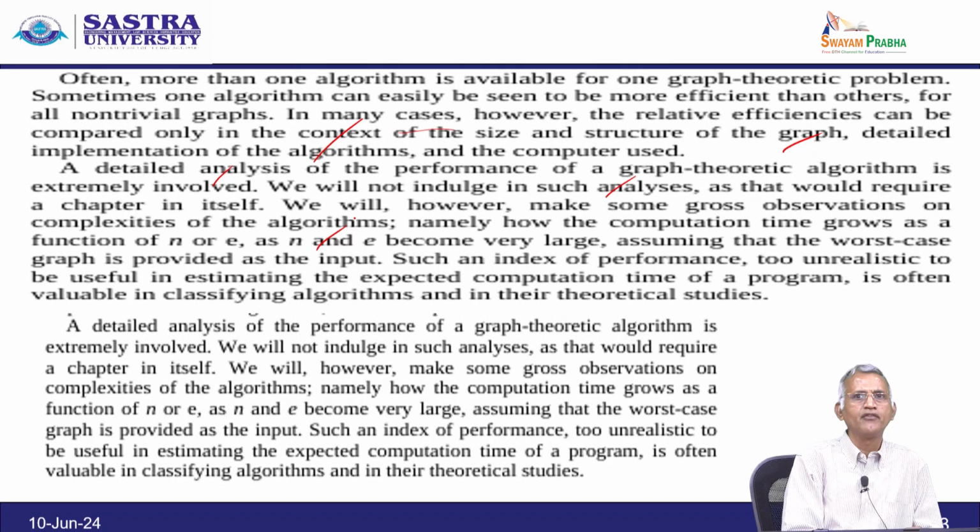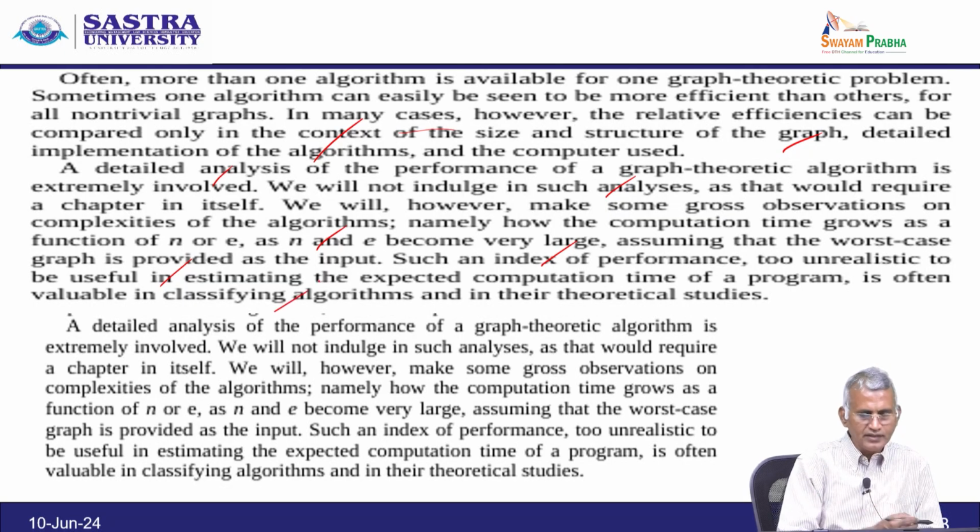Such an index of performance, though too unrealistic to be useful in estimating the expected computation time of the program, is often valuable in classifying algorithms and in their theoretical study.